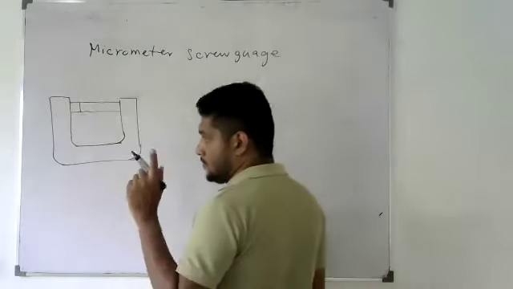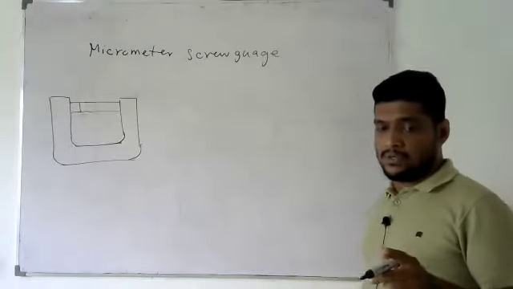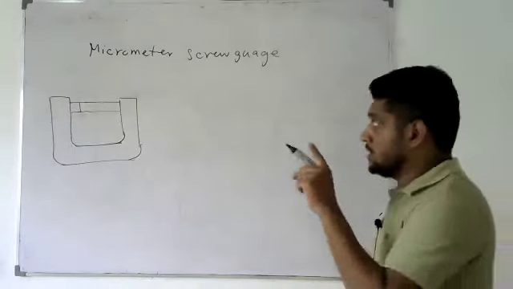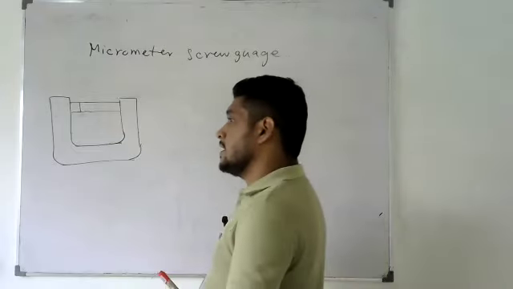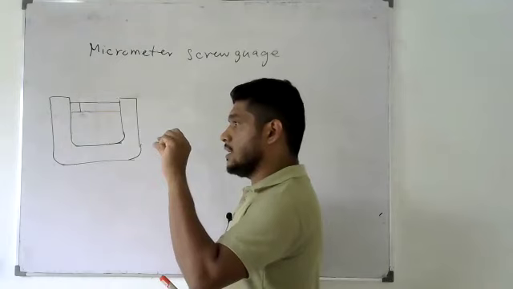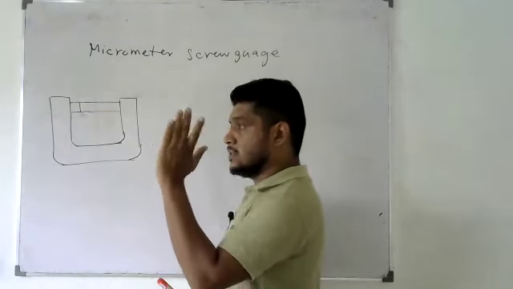When you are using this micrometer screw gauge, it is specially used to measure the thickness of a wire, the diameter of a small sphere, or the thickness of a sheet.